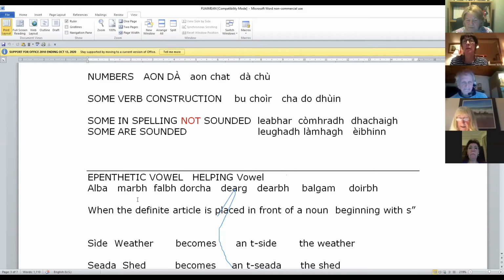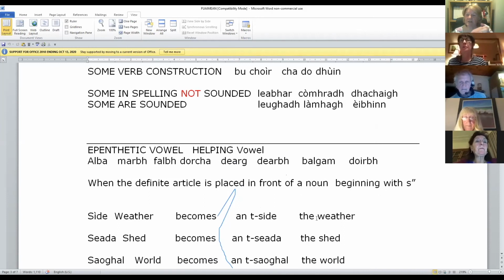Marav. Falav. Doroch. Jerak. Jeraf. Bawagum. And Duruv. All these have this extra vowel sound that makes it flow. That's all that is. That helps you there.